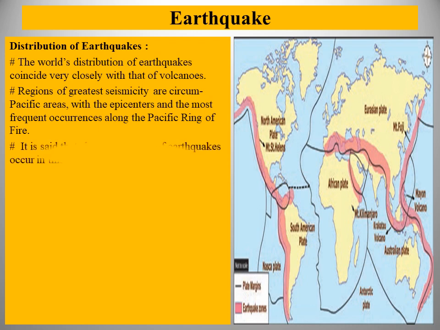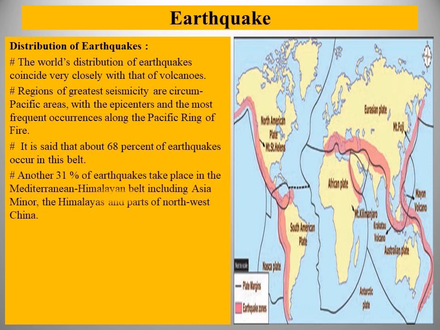It is said that about 68% of earthquakes occur in this belt. What we are showing in the world map, the red marked areas, is where 68% of earthquakes occur.